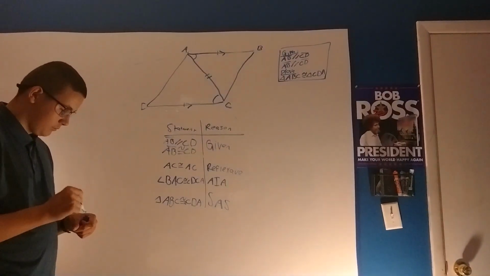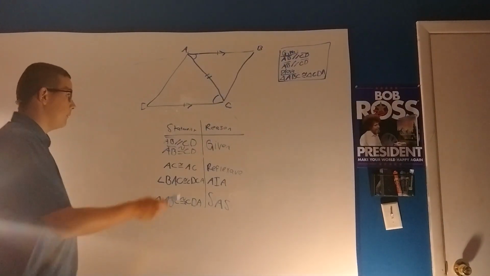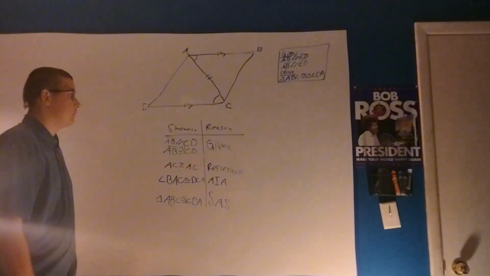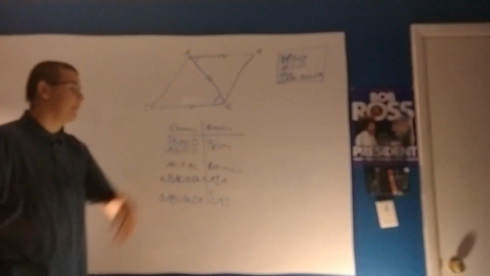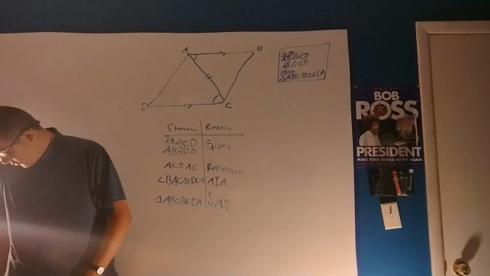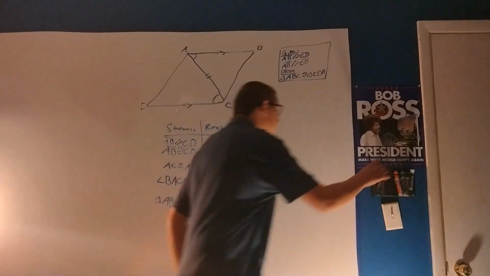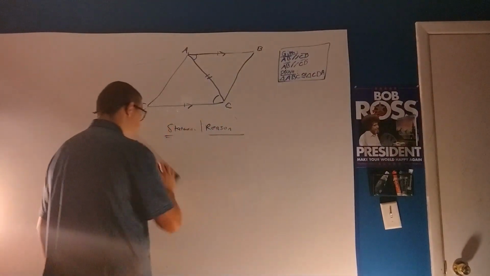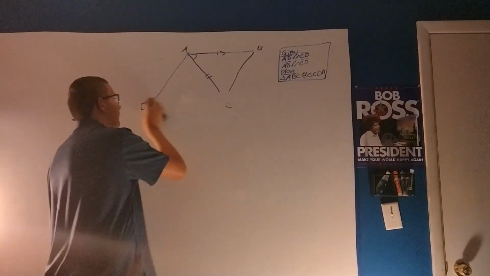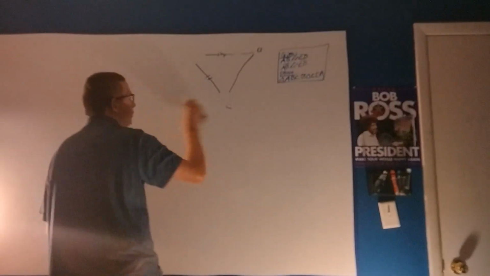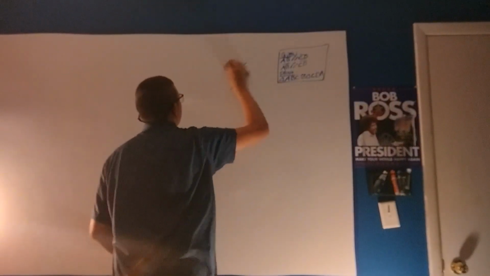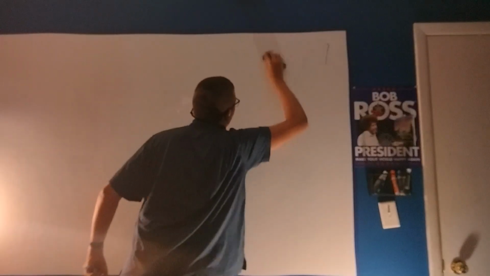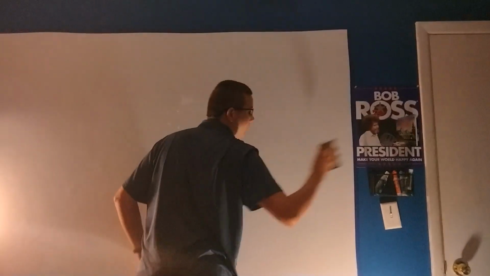Just like that. And that's how you prove these two triangles are alike. So give me a second to reset the board, and I'll give you another example to try. I think we have four examples to try out, and they should get more difficult as we go.